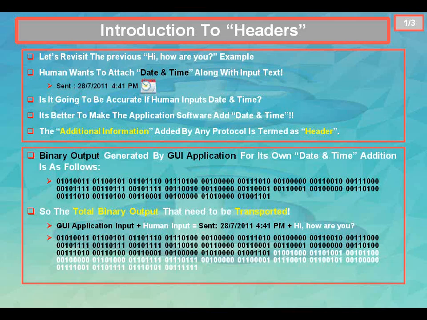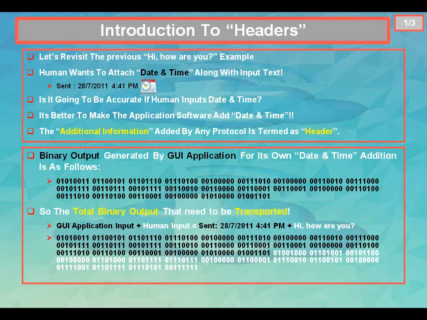The rules must be known to both the sending application and the receiving application. For example, I will set the rule: the date and time can be attached, and it will be 20 bytes, assume. Okay, 20 bytes can be attached as the header.